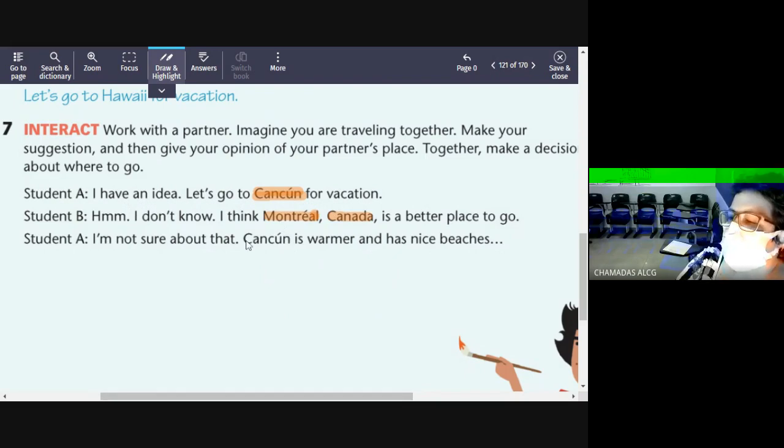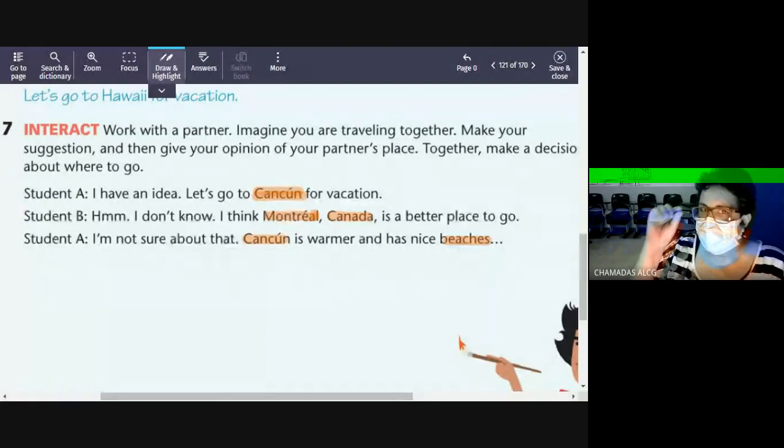I'm not sure about that. Paris is warmer and has nice parks. Yes, Paris is warmer than London. Yes, it is. A little bit.